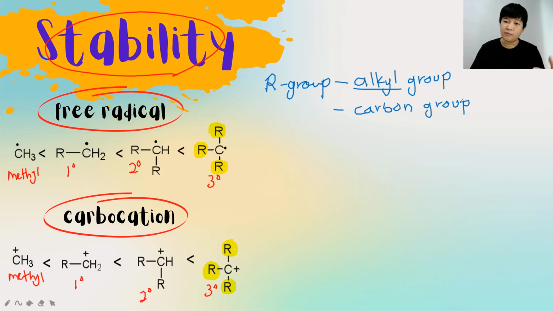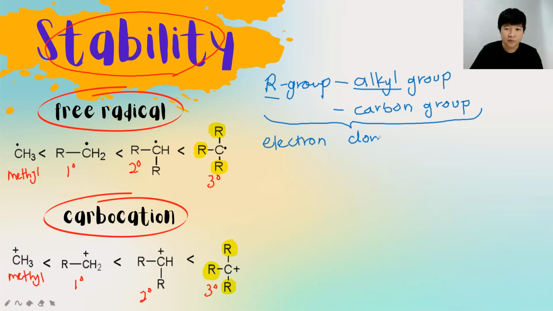No matter whether it's a ring carbon, straight chain carbon, branched carbon, 1 carbon, 2 carbon, 20 carbon, as long as they are a carbon group, they are what we call an alkyl group, and we represent it using the symbol R. And this R group over here is actually an electron donating group, for which we can use the symbol EDG.